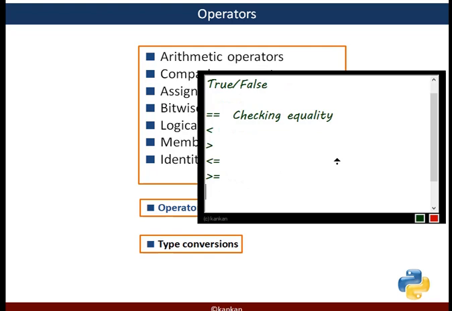Next one is this operator, not equals to.